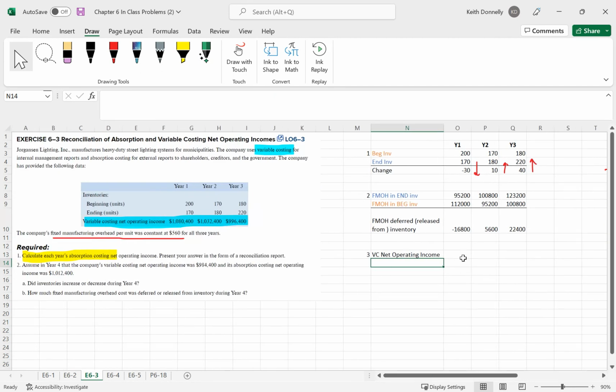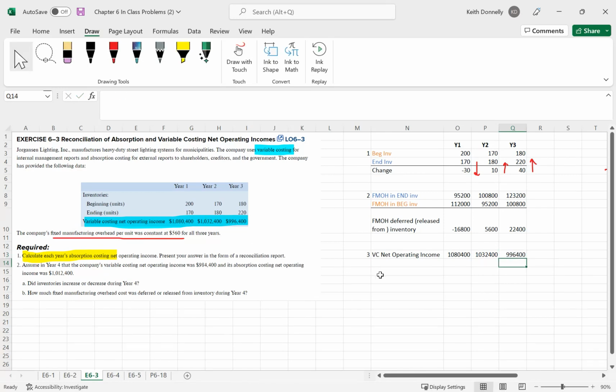This we can snag right from over here. It looks like 1,080,400, 32,400, 103,400, 996,400, that's where we're at.